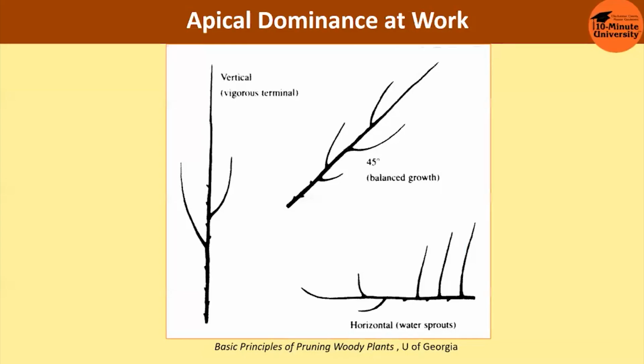The effect of auxin is strongest in the vertical branch, moderate at an angle, and hardly there in a horizontal position. In fruit trees, we want the branch to produce fruit. Therefore, keep in mind the 45-degree angle, which is often what we seek.